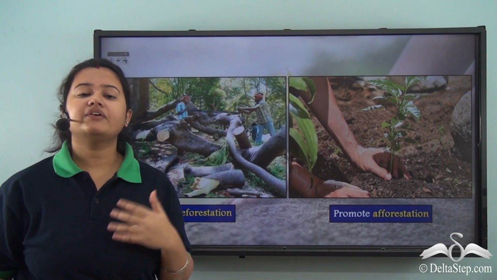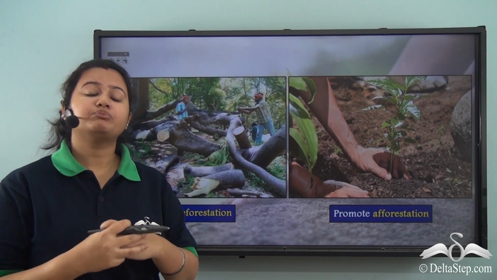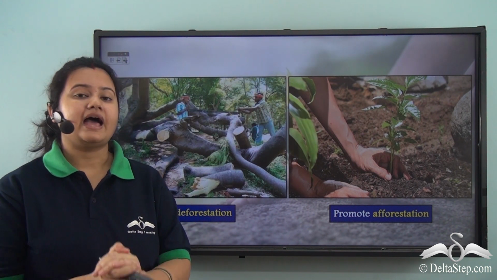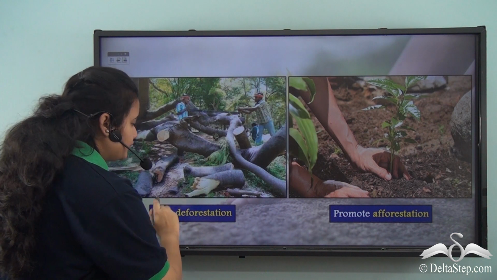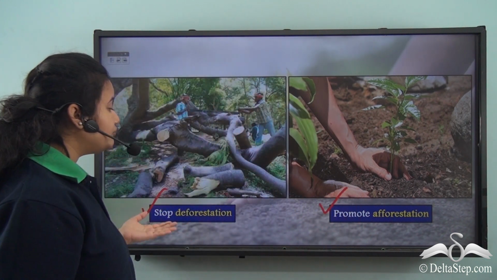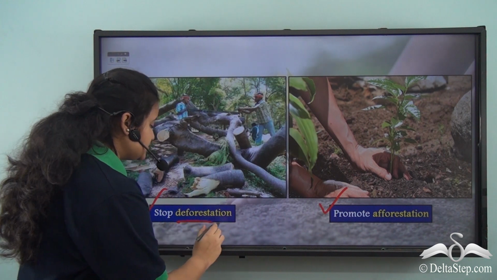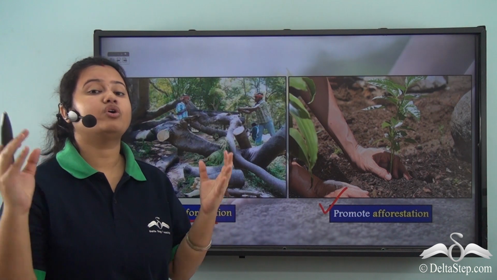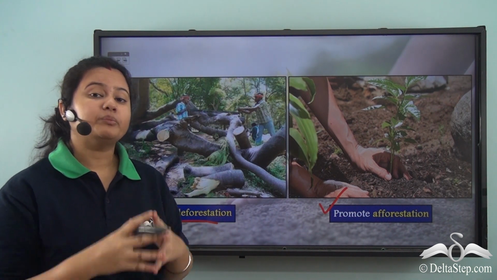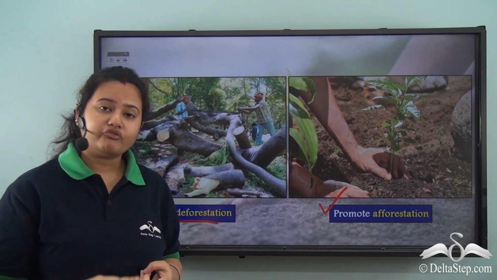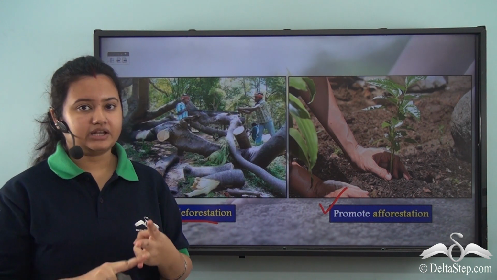Now, there is another important way in which we can protect the natural vegetation or forest of India, and that is by stopping deforestation and by promoting afforestation. Now, we all know that deforestation refers to the act of indiscriminate cutting down of forests or trees for meeting the needs of citizens, for the needs of urbanization and industrialization.